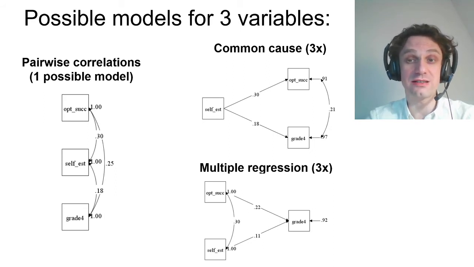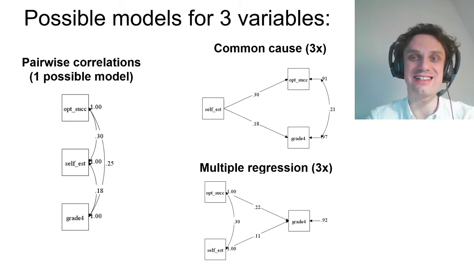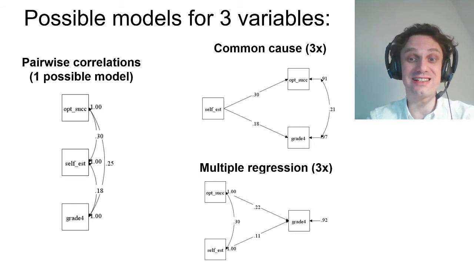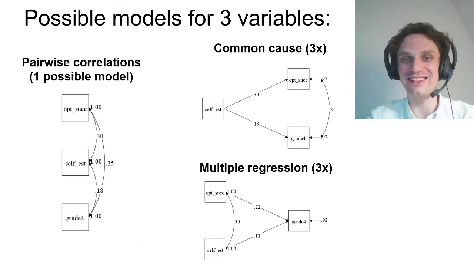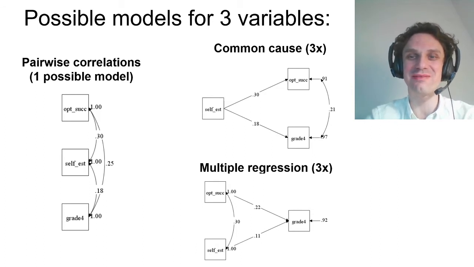We just calculate our correlation matrix and we relax. This is what people did in the 1920s and 1930s, when basically they could not do anything but correlation analysis. Computers were not around, calculating regression was an impossible task.